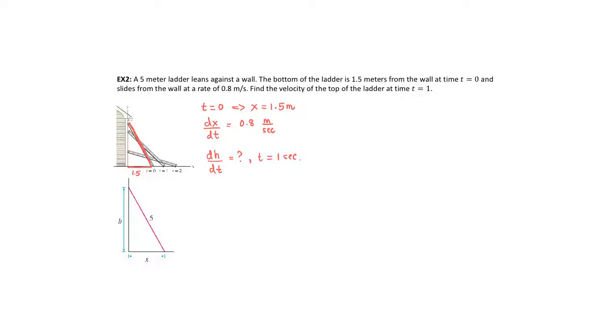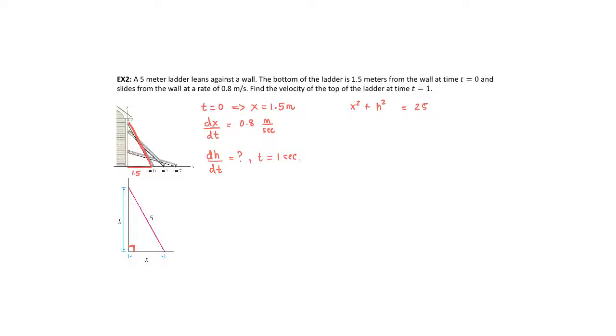When I look at this diagram here, that's a right triangle, right? This angle right here is a 90-degree angle. That means that I can start relating my variables by using the Pythagorean theorem. This is the first thing that comes to my mind. I know, for example, that x squared plus h squared is equal to 25.